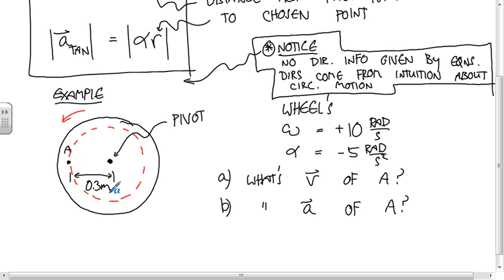This thing is definitely moving along this circular path, so its velocity at this point is either up or down. It's down because this is moving counterclockwise. The angular acceleration and the angular velocity are opposite signs. So is the rotation speeding up or slowing down? Slowing down, so which direction should the tangential acceleration be? Yep.